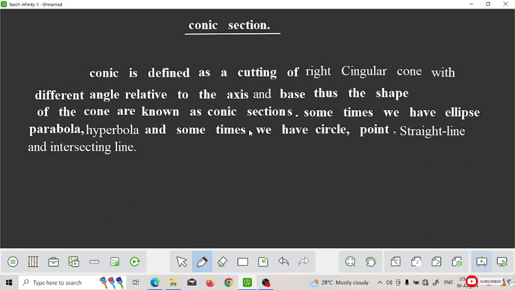Sometimes we have ellipse, parabola, hyperbola, and sometimes we have a circle, a point, a straight line, and intersecting lines. So with some angle relative to the base and the axis, we can obtain parabola, hyperbola, circle, and sometimes a straight line. Let's see how the conic section is further divided into ellipse, parabola, and hyperbola, and as I mentioned, how much the angles theta, alpha, beta, and phi need to be to form each. Let's see the 2D view.